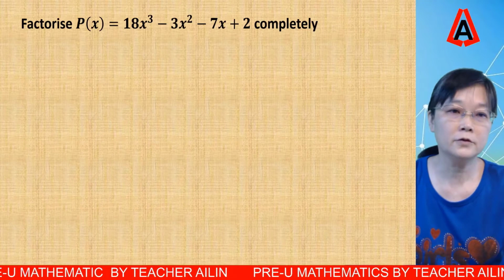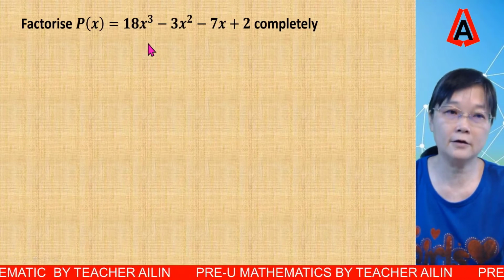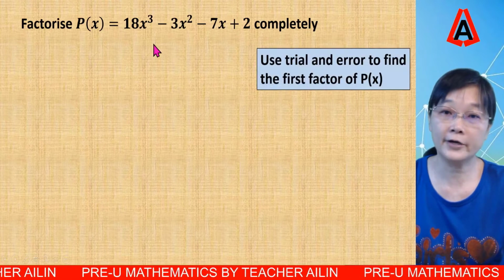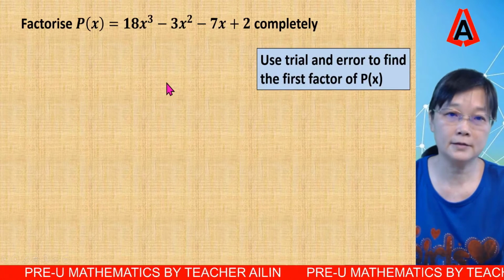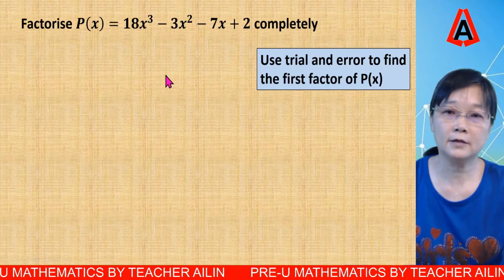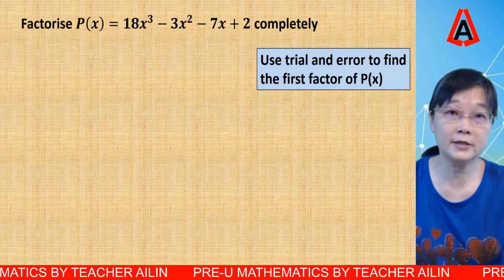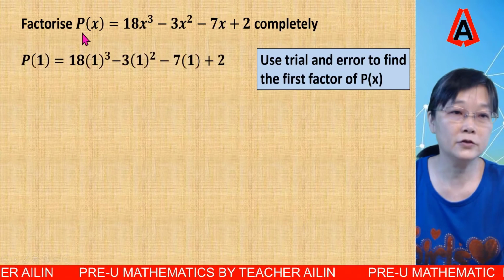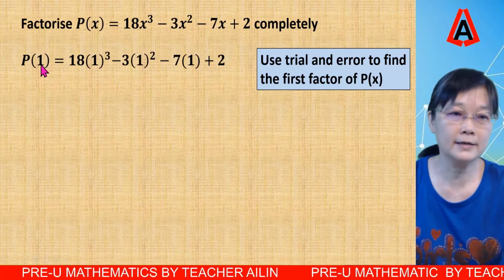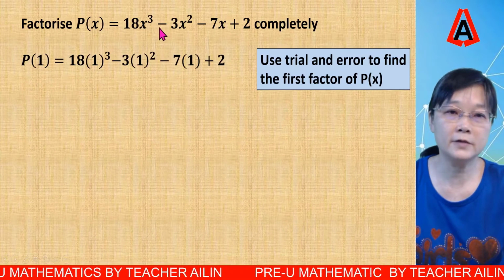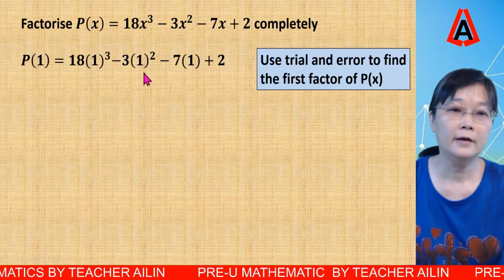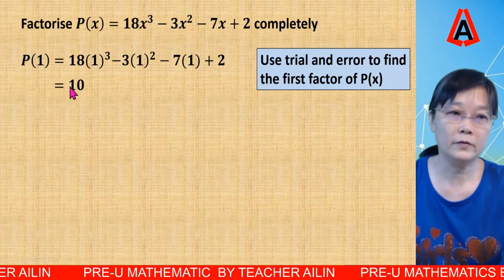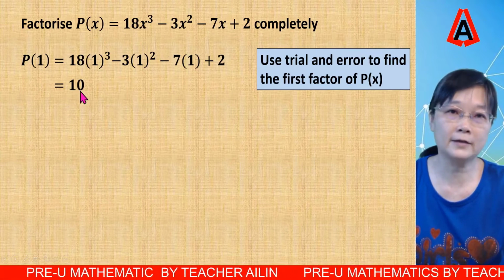So now, to find the first factor of the polynomial, we are going to use the trial and error method. That is, we simply choose values of x and substitute into the polynomial. If the result is equal to 0, then we will get our first factor.